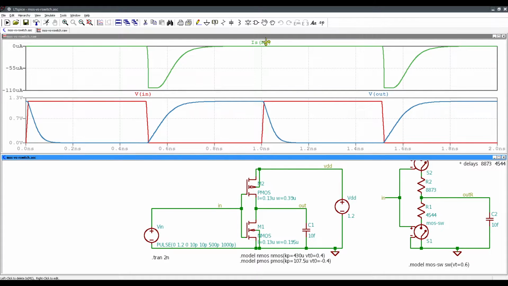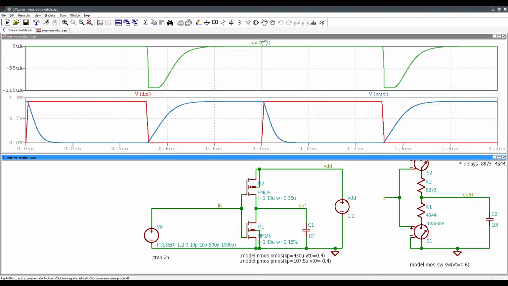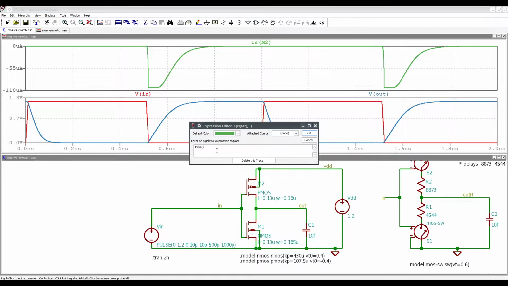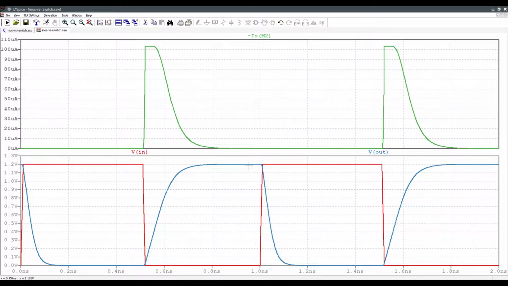This way, it shows negative. I like to think of it as a positive number. What I did is I right-clicked on current, got this expression, and I'm just going to stick a minus sign in there because I think of positive drain current as drain current that's going down. It flips the sign. Bigger. Okay, so it's 100 microamps as a peak.